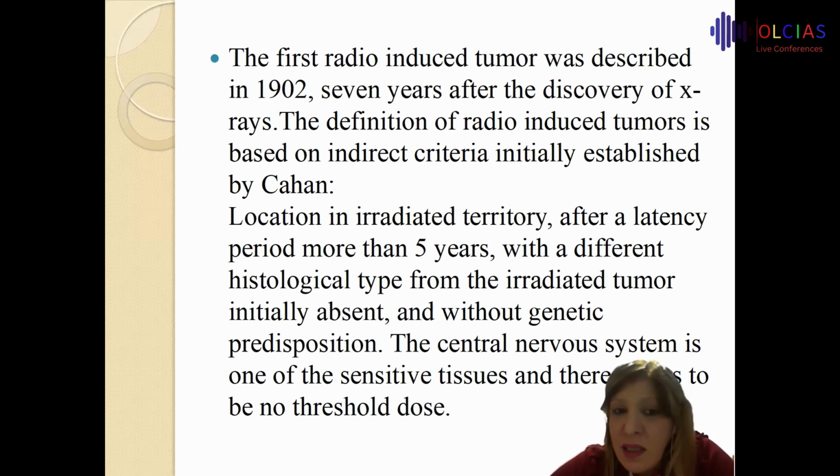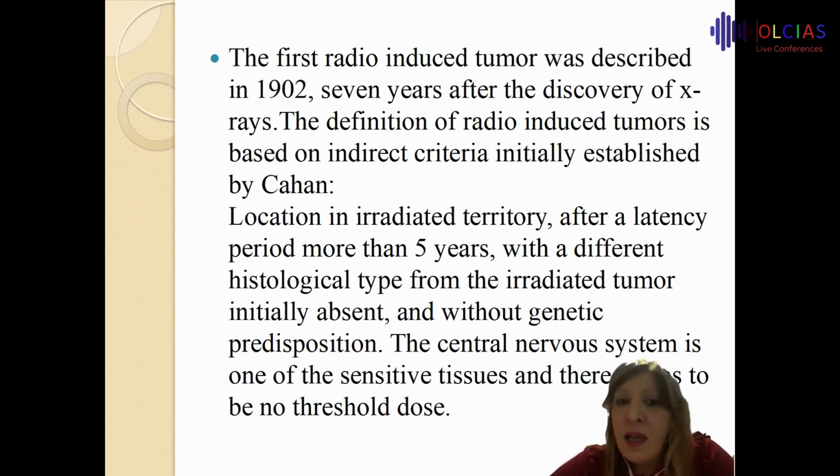Cohen said that the location of this secondary brain tumor is in the irradiated territory, after a latency period of more than 5 years, with a different histological type from the first brain tumor. And also, we noticed that this patient has no genetic predisposition.